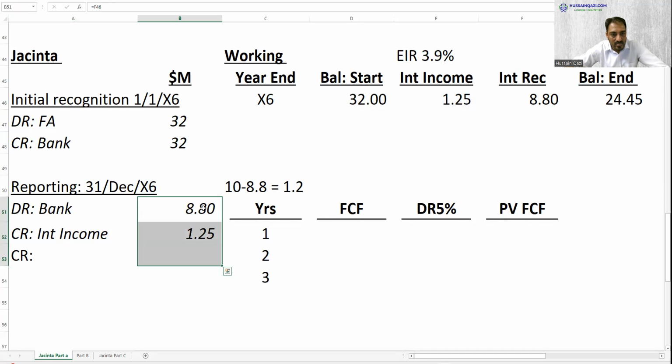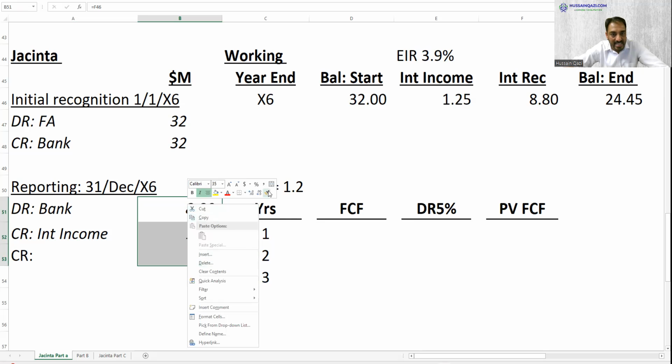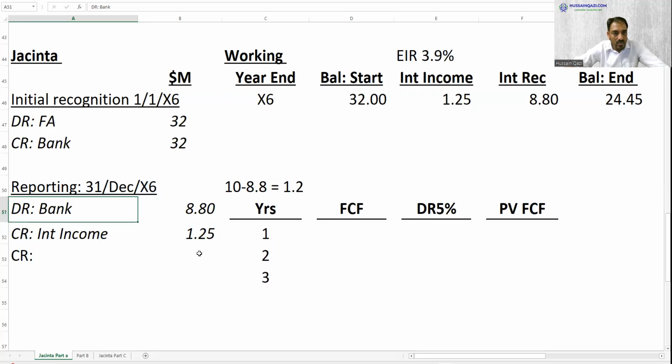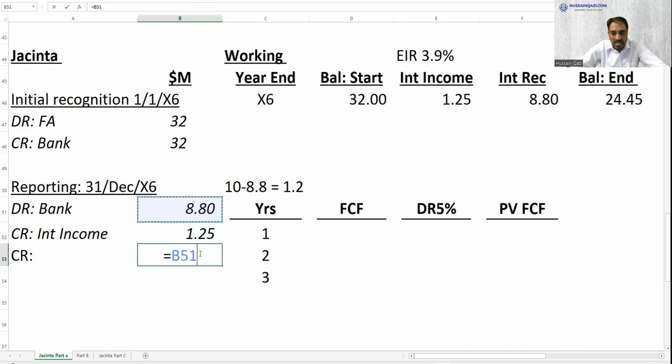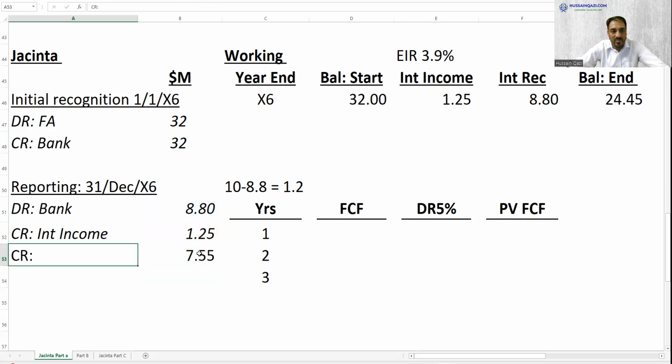And whatever the balance, 7.55, credit financial asset.